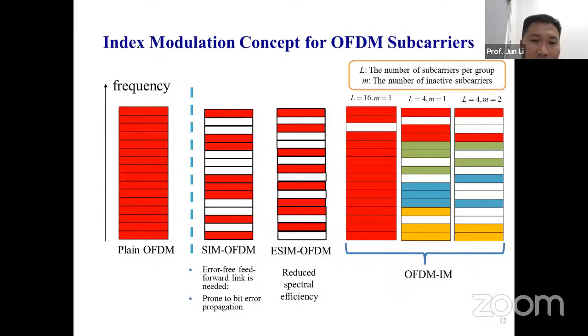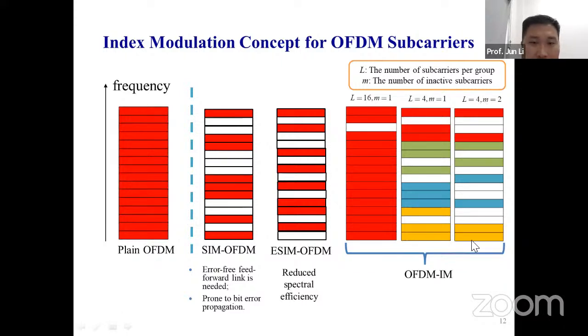The main difference between OFDM and OFDM-IM is that in conventional OFDM, all of the subcarriers will be activated and used for transmitting modulated symbols. In this figure, in this example, the 16 subcarriers will be used for transmitting 16 modulation symbols.